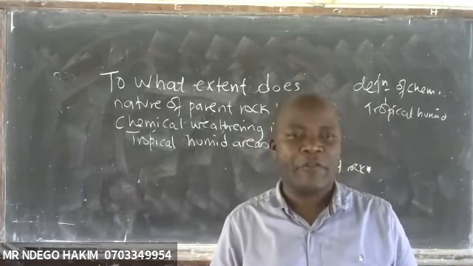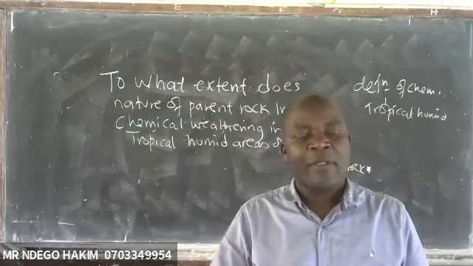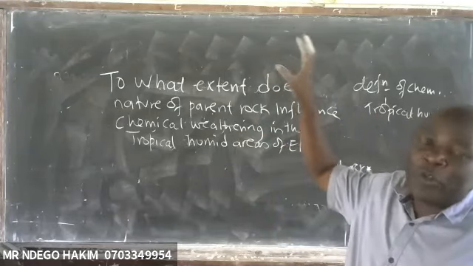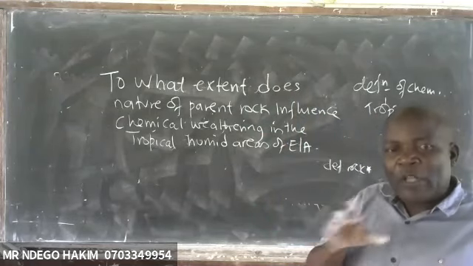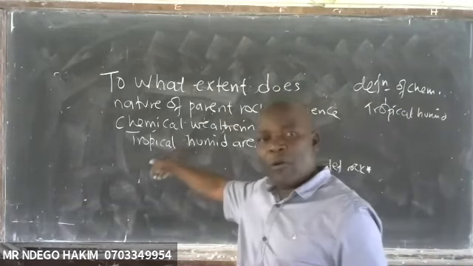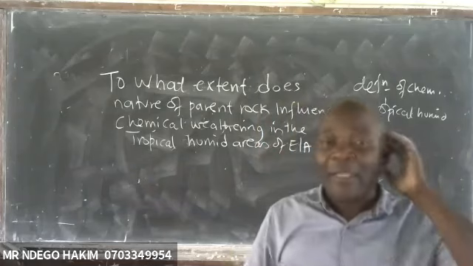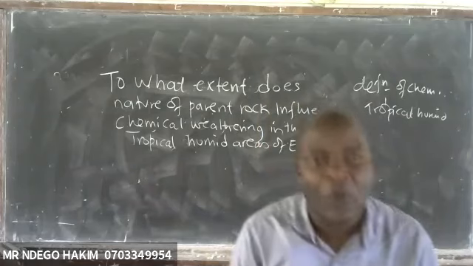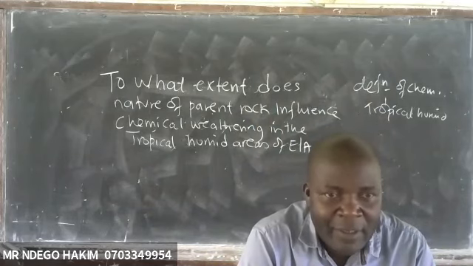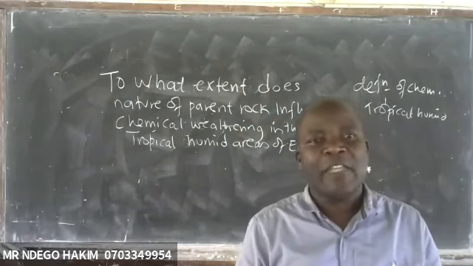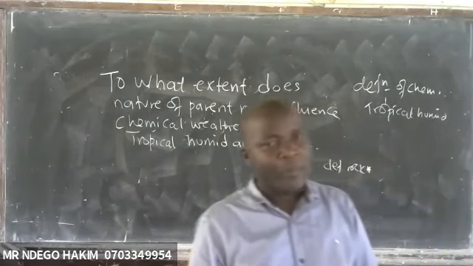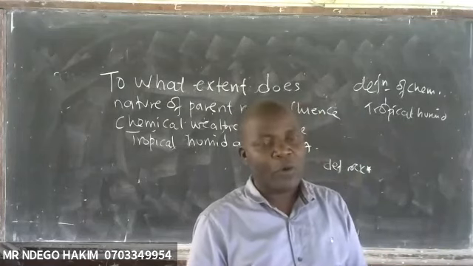relief. In other words, in this question, you begin the approach as we started in the beginning. Then when you are going to factors, you begin with parent rock. You show extent, you can say, is it to a great extent or a less extent? You can say to a less extent, nature of parent rock has influenced chemical weathering. Then you explain permeability, joints, mineral composition.